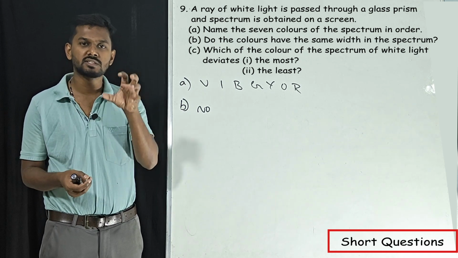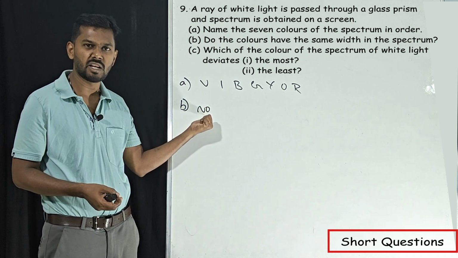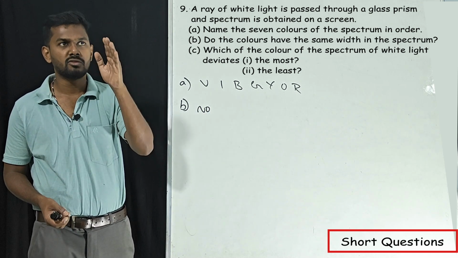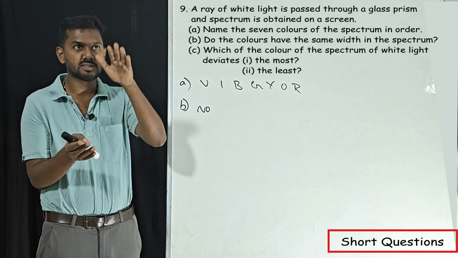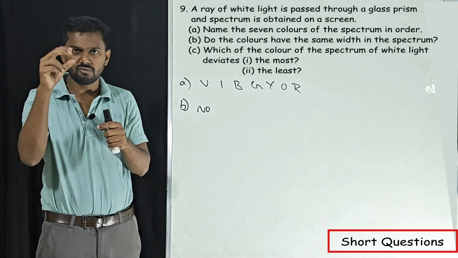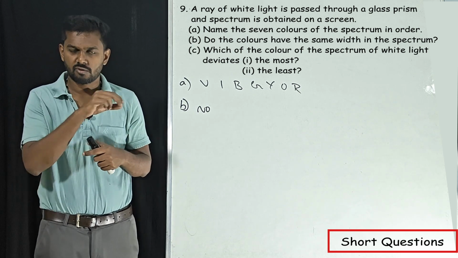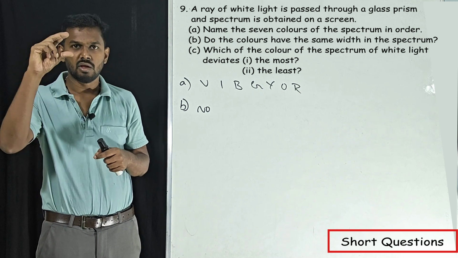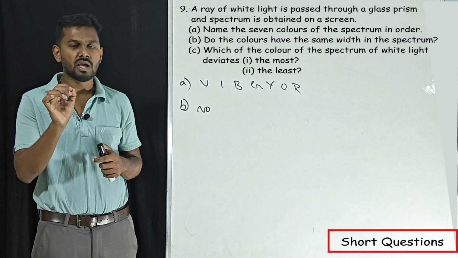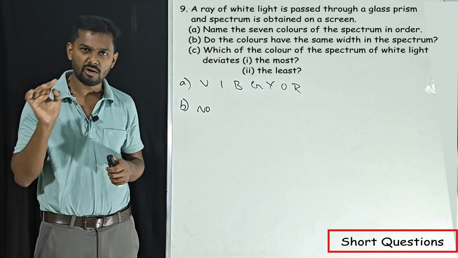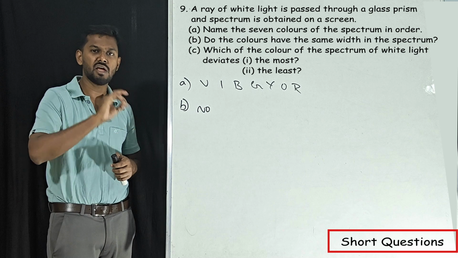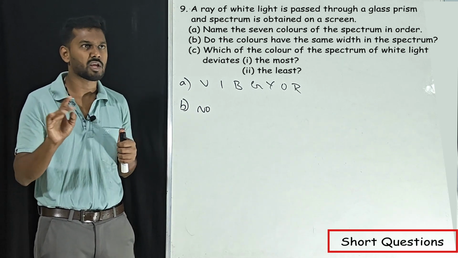There is no one single reason for this question, that's why we are not discussing. Width means thickness in the spectrum after they disperse. After we got the 7 different colors from white light, the question is, do the colors have the same thickness? No. You don't have to worry about the reason because it is not mentioned in the syllabus.